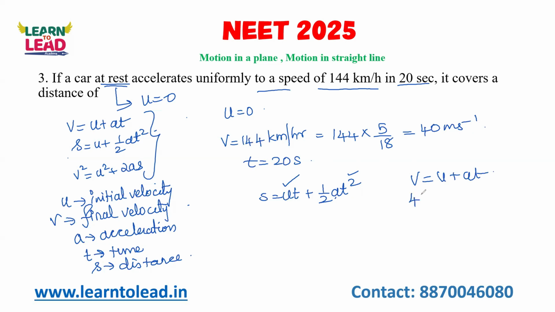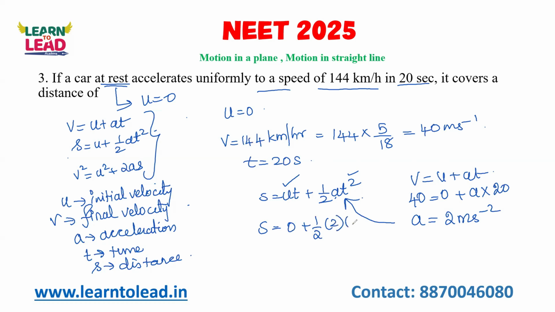Final velocity is 40, initial velocity is 0, acceleration into time taken 20. From this, I'll find acceleration as 2 meters per second square. Substitute this acceleration in this equation. So distance s is equal to u 0 plus half into 2 into t square, 20 square. So distance covered is 400 meters.